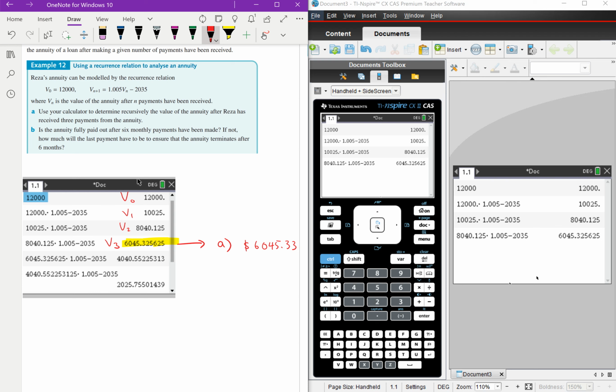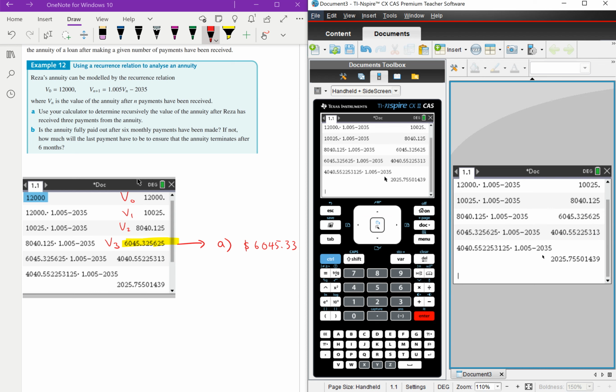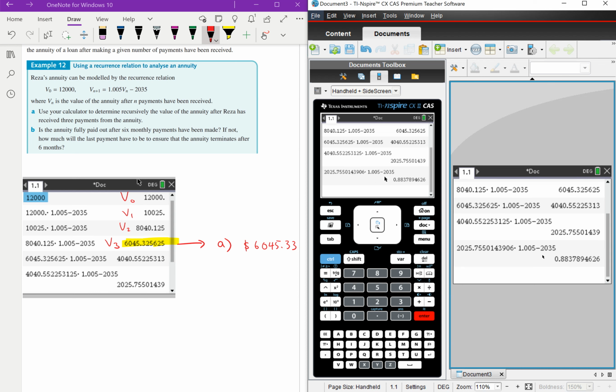And then part B says if the annuity is fully paid out after 6 months. So you can see that's third, fourth, fifth. Remember by the 6th month, if I want them to pay everything back, every single cent, the bank still holds 88 cents of Reza's money.